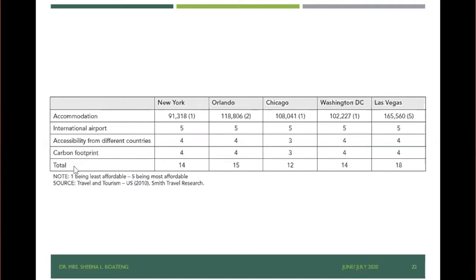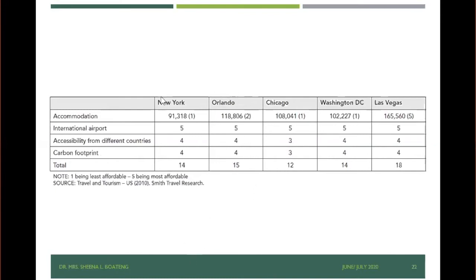And here we can see who had the highest score? Las Vegas. Yes, Las Vegas had the highest score with 18 out of 20, followed by where? Orlando. Good.